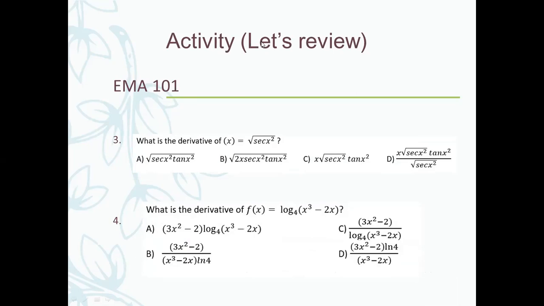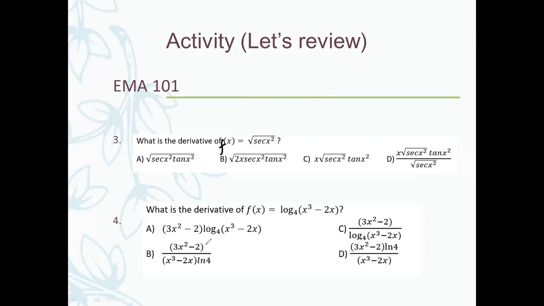Okay, you're seeing here two problems on differentiations as well. I'd like to have my students last semester answer this. Find the derivative of, by the way, there should be an F here. So this should be F of x equal to the square root of secant x squared.